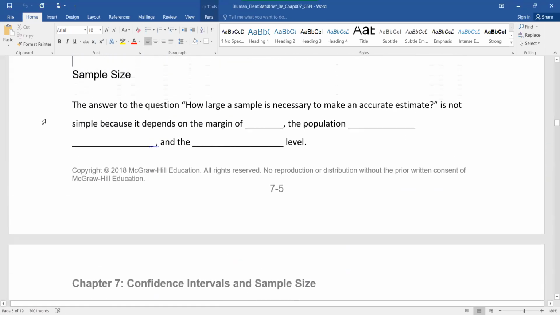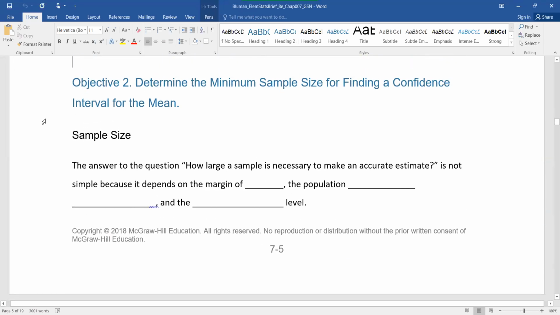So looking at the second objective here, it says determine the minimum sample size for finding a confidence interval for the mean. So we talked about sample size first.